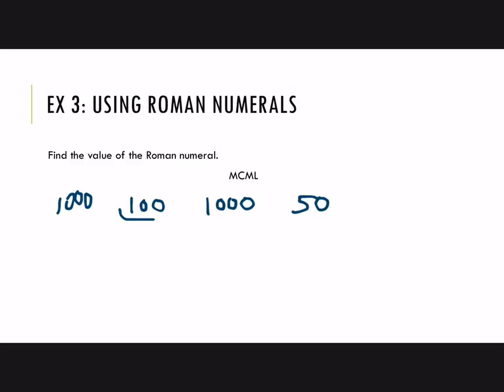So we've got a pair in the middle here of a small before a large, and then 50 is less than 1,000. So go through, do subtractions first. Nothing happens with this first 1,000, but the second pair, that's 900, and then we have 50, and then go through and add. So this would be 1950.